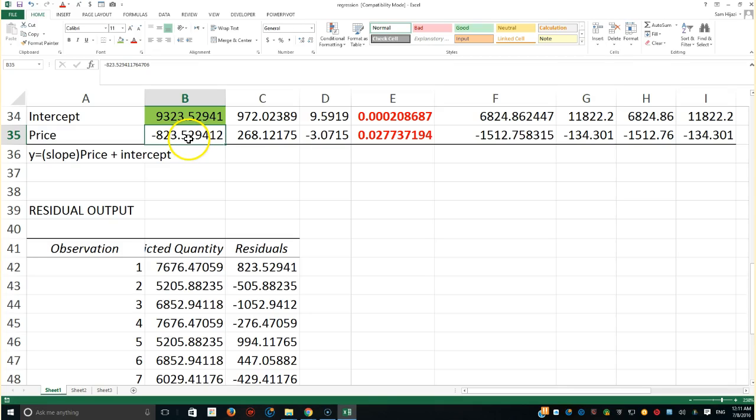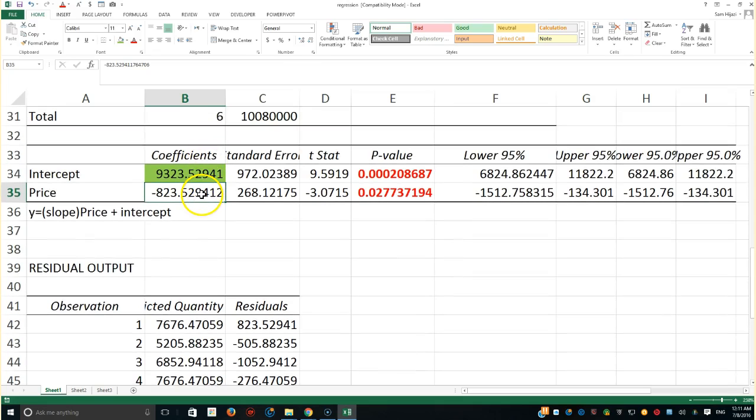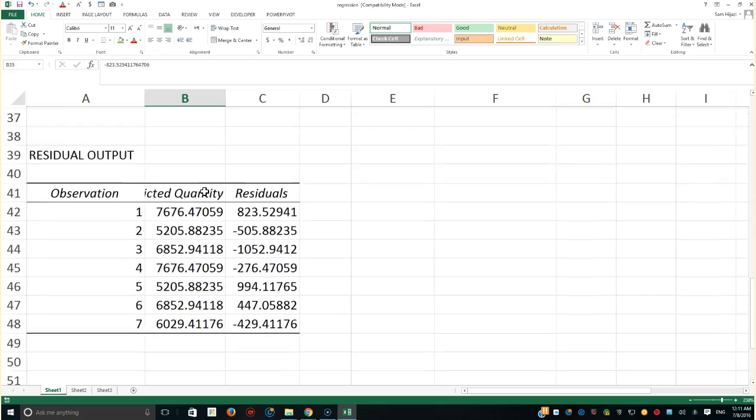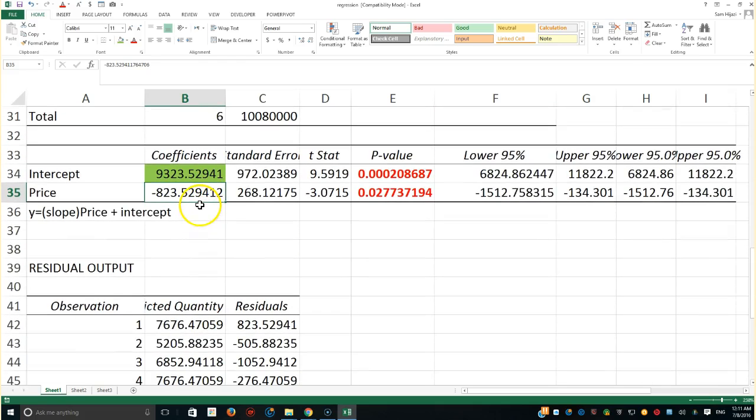If I increase the price by $1 for X, I'm going to reduce the sold items by 823.529. This is where the negative comes from, because there is an inverse relationship between the price and the amount sold. So again, we have to do something about lowering the price in order to keep the quantity sold higher.